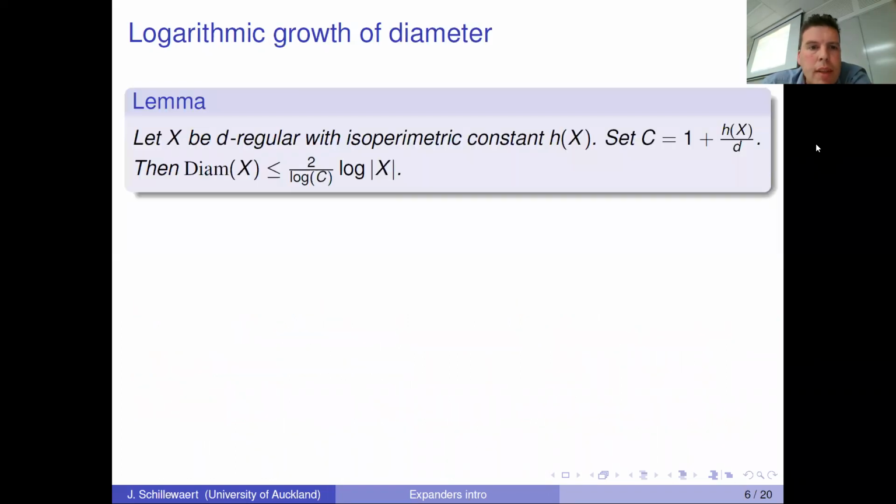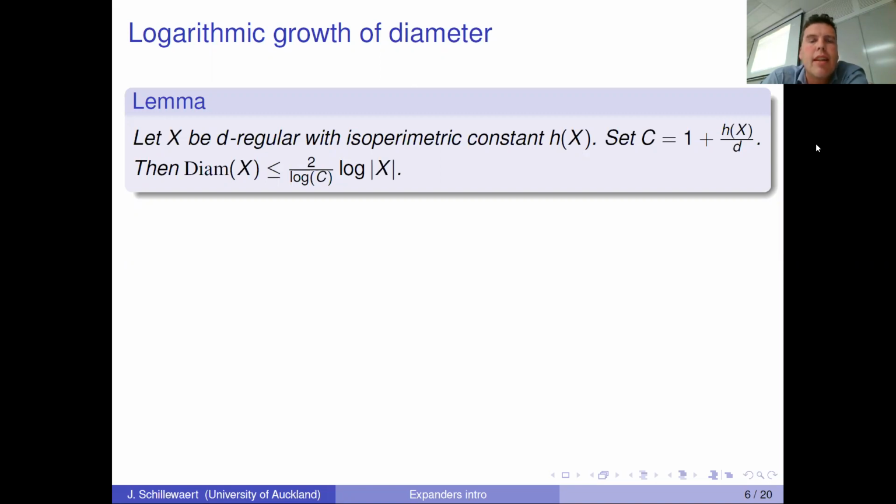So first of all, a nice property about expander graphs is logarithmic growth of diameter. We said that our goal is for these graphs to be well connected, with rapid transmission of information.